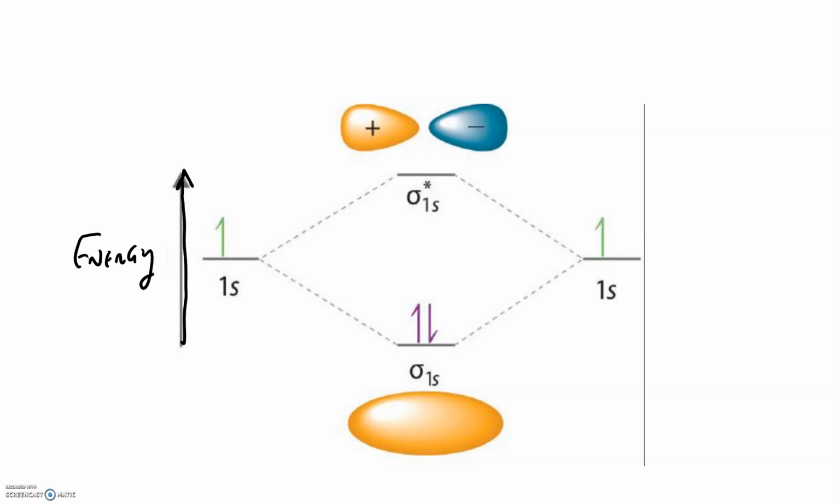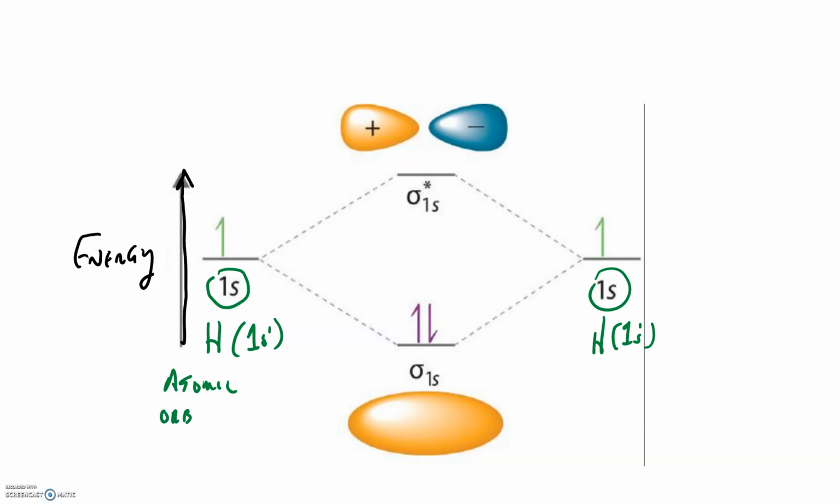We definitely want to form bonds with lower energy, because remember, Hund's rule says we want to fill the orbitals with the lower energy first. And so here's what this diagram is telling us. Each of these 1s orbitals comes from a hydrogen atom. We know that hydrogen has one s electron. And so these are what we call atomic orbitals, what you might see abbreviated as AO.